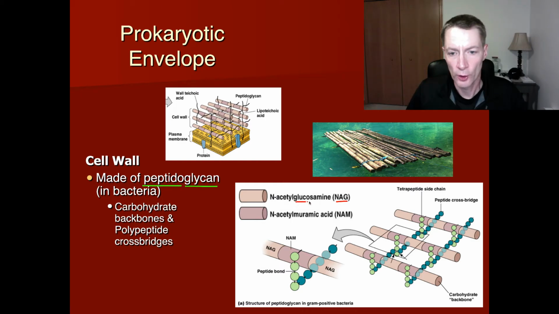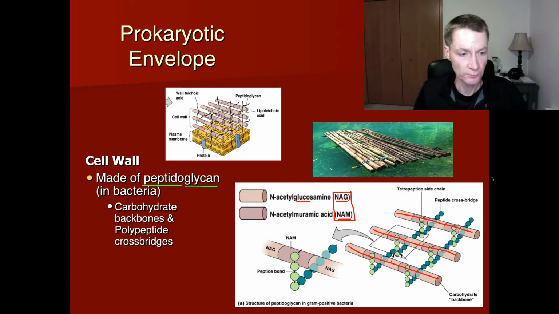And you see the gluco in there, so we know it's a sugar, right? And then we have acetyl muramic acid, which we'll just say as NAM, okay? So these two together make up the carbohydrate backbone, okay? So we have these backbones, the NAGs and the NAMs, coming together to make up the backbones of this cell wall.